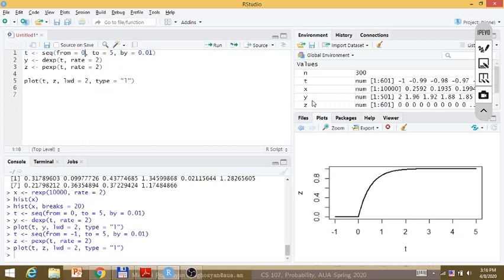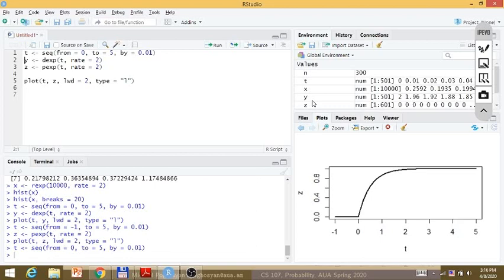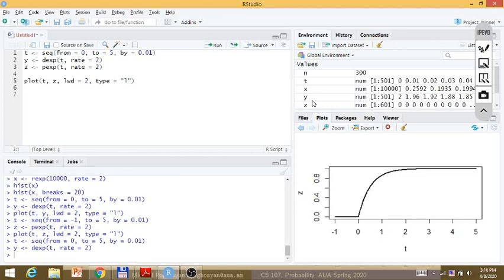No need to draw from -1. So y is PDF of exponential with rate 2. That's okay. Now, say z is again PDF, calculated at the same values of t, but rate is, say, 0.5.